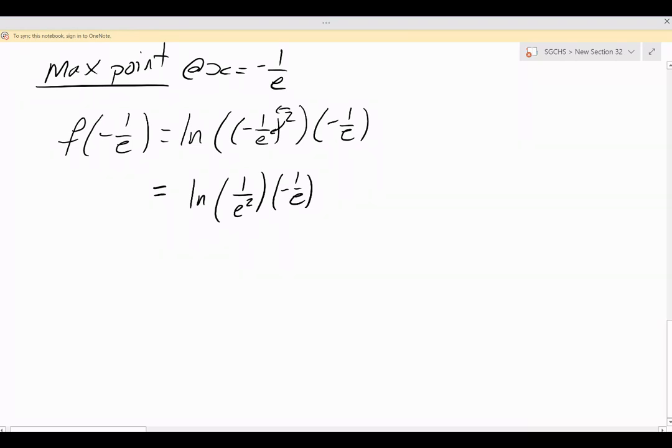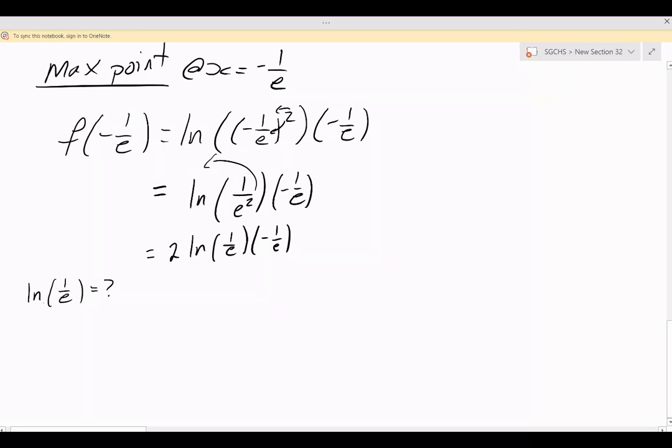Now at this point, this square value I could have actually taken out as well, which I probably will do. So this square can be taken out, and I'm going to get 2 times ln 1 over e times negative 1 over e. Now, what does ln 1 over e equal?